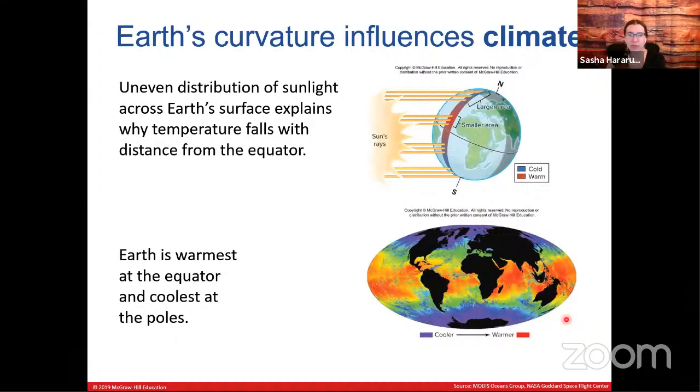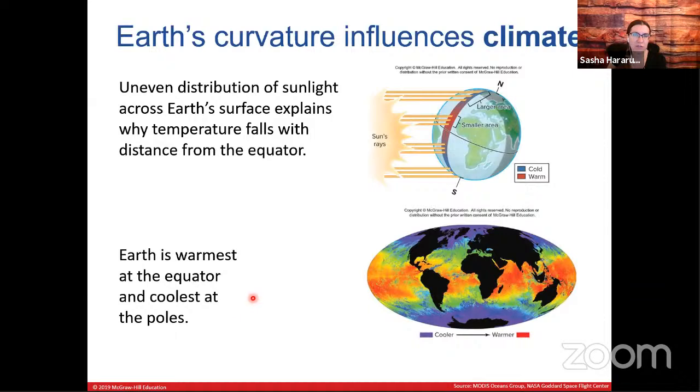And this picture here shows the temperature gradient, the ocean temperature distribution across the globe. Red indicates warmer temperatures and blue indicates colder temperatures. So we see that at the equator, the ocean is very warm and it becomes cooler as you move towards the poles.